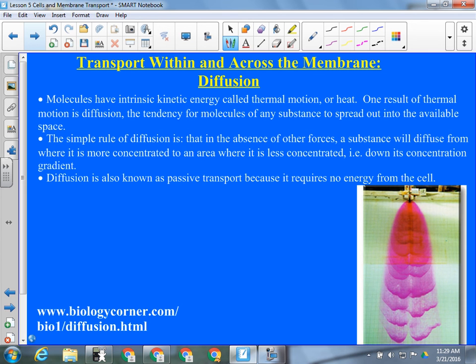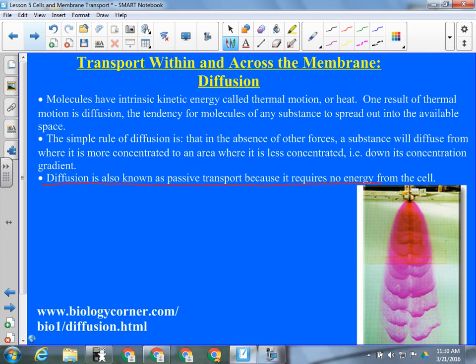Okay, so a couple of things. Diffusion is passive. It requires no energy, which makes it really handy. We don't want to use energy to transport stuff if we don't have to. But remember, it's only going to transport stuff down the concentration gradient, from high to low. Anything that's passive goes down the gradient.